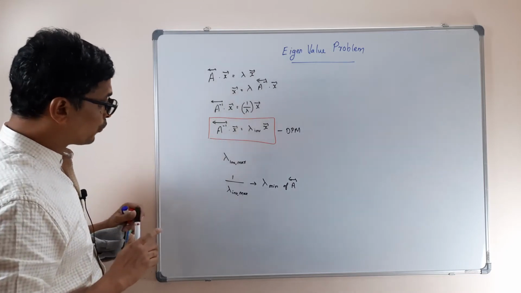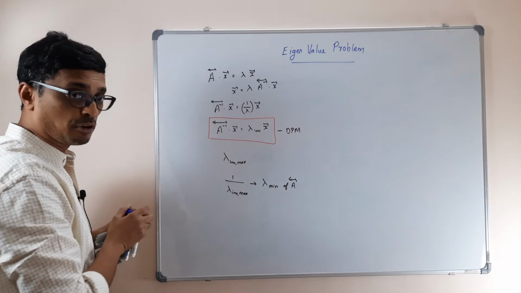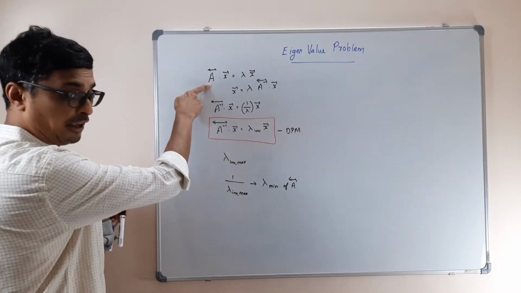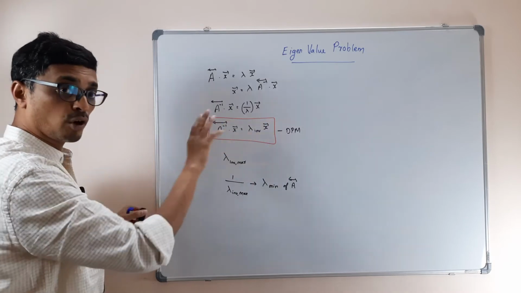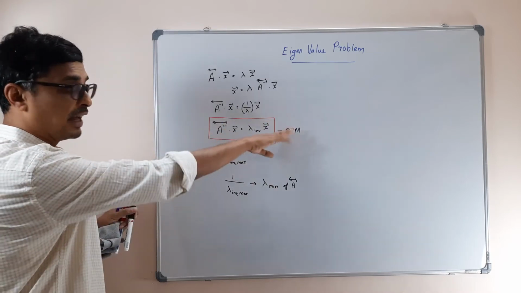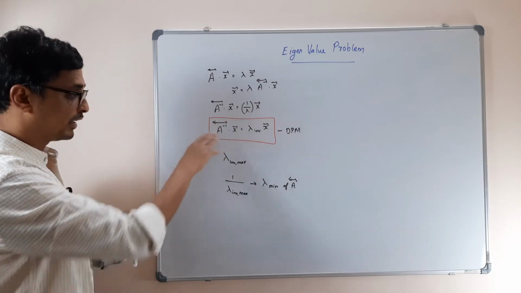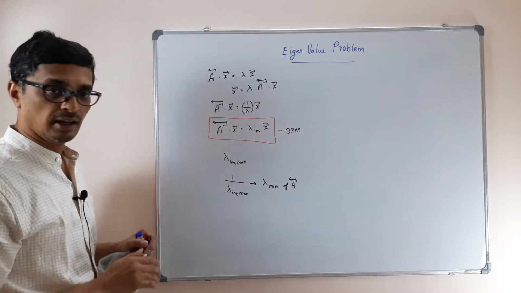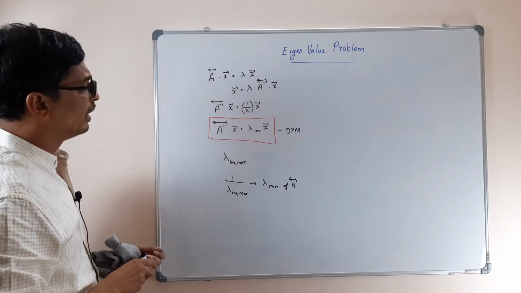Now, how do we proceed? One simple and straightforward way is to find the inverse of the matrix A, then use the same algorithm developed for the direct power method to get the maximum magnitude eigenvalue, and take 1 upon that. That is the minimum magnitude eigenvalue of the matrix A.